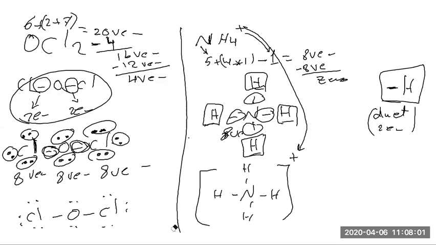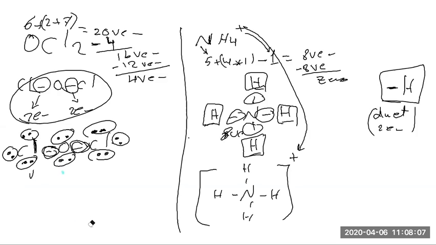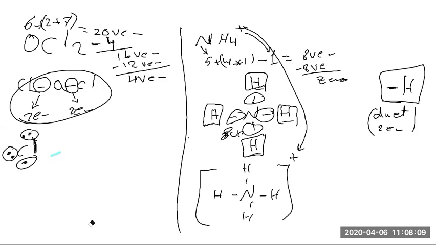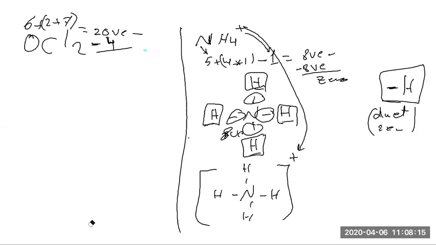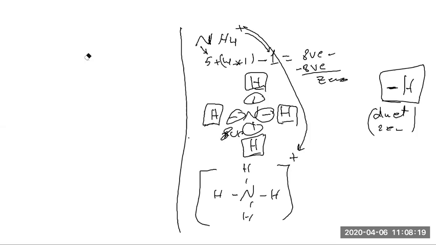Okay, let's keep going and practice with some other examples. Again, the Lewis structure is very important. We will have some questions asking about the Lewis structure, but not only that. Some questions will ask you about the shape of the molecule, polarity.